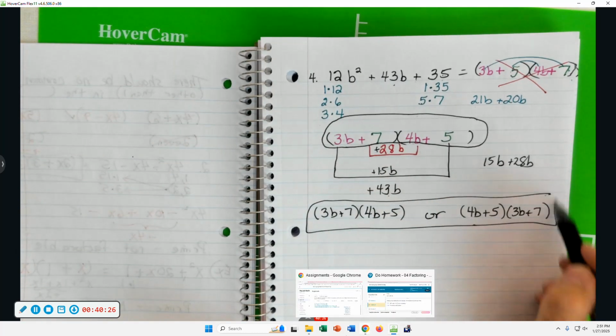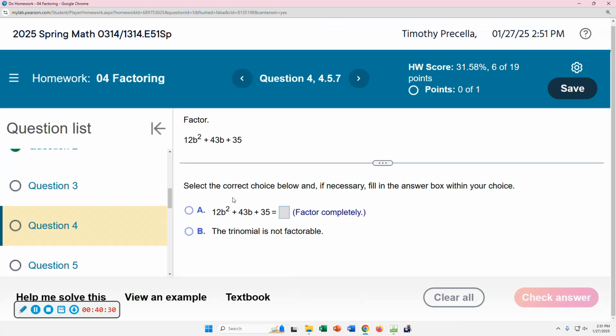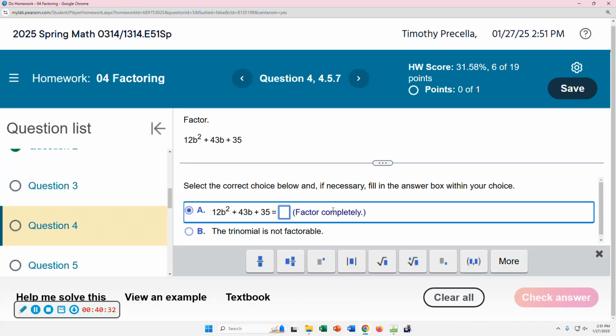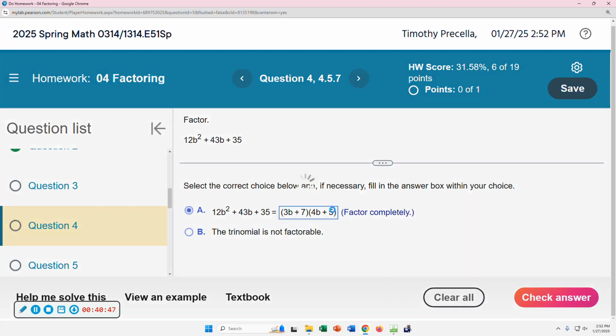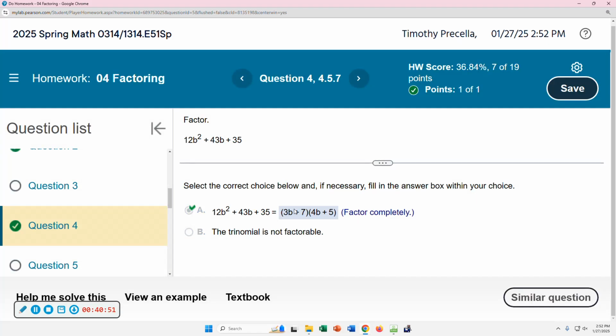It doesn't matter which one you write first. 3B plus 7 could be first, or it could be in the second set of parentheses. If it says factor, your answer has to have those two sets of parentheses.